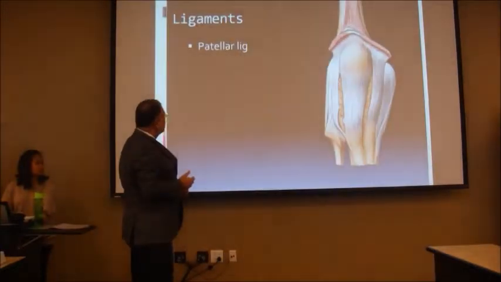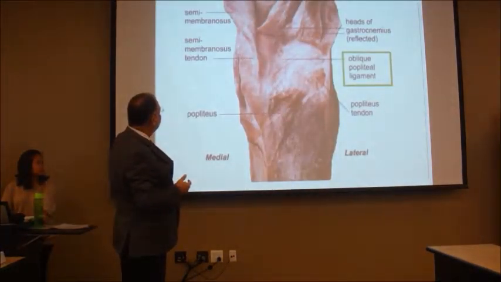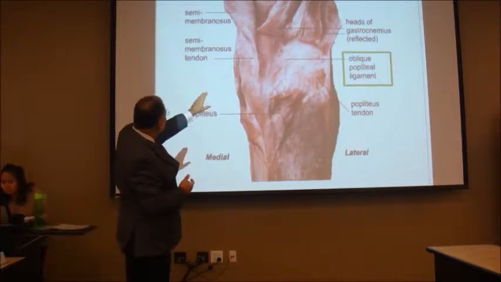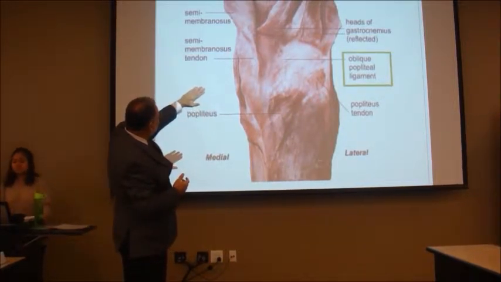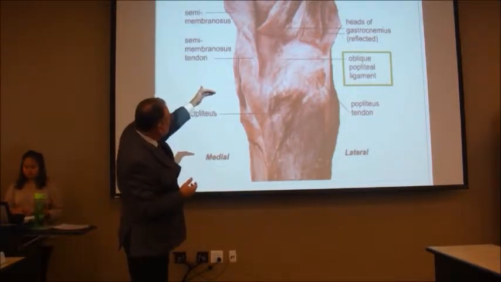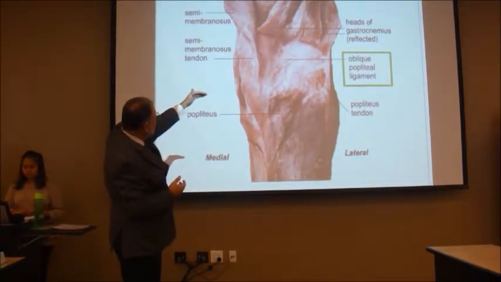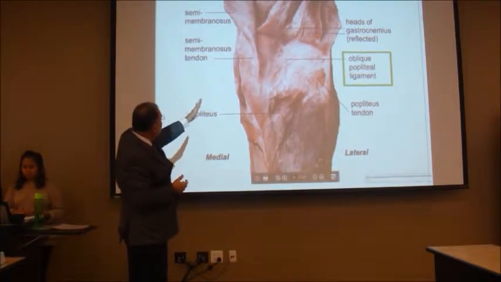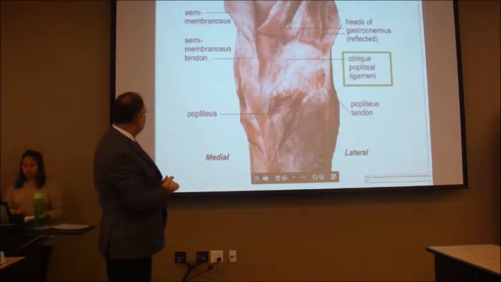A little bit difficult to see this one, but the oblique popliteal ligament, as you can see it there, is basically deeper than the head of the gastrocnemius and the insertion, and part and coming lateral from the semimembranosus insertion.